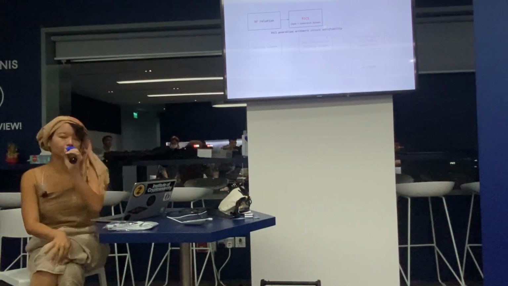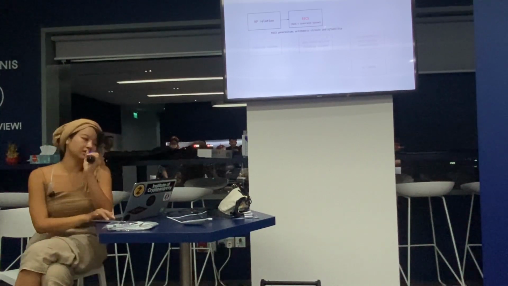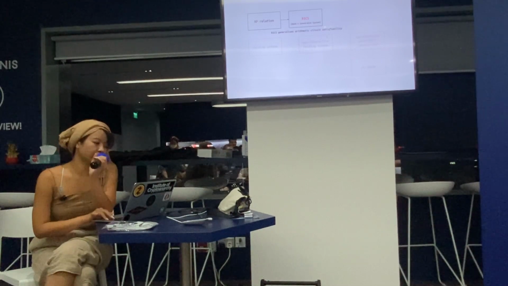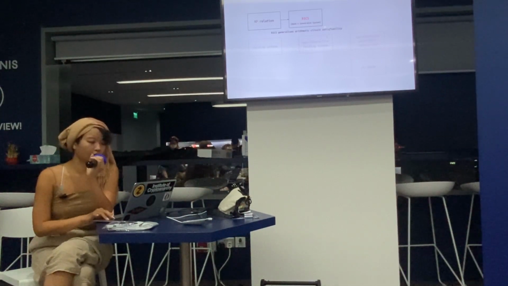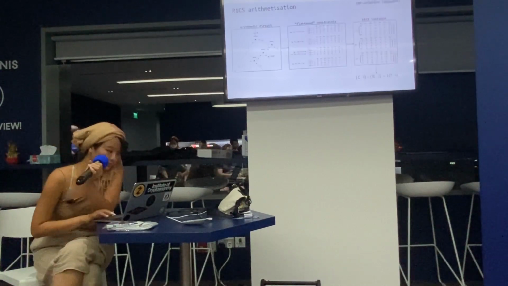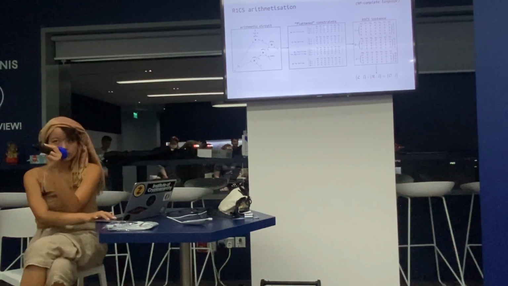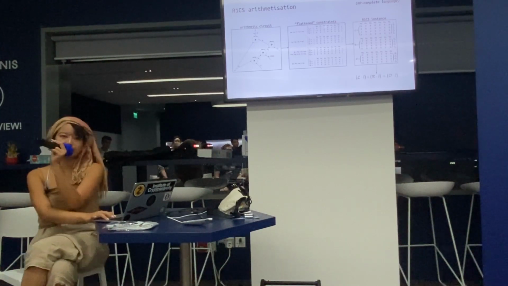One popular arithmetization is called the rank-1 constraint system, R1CS. This is basically a very lightweight way to capture NP problems. We're not going to go into the details of R1CS. You can treat it as a black box.